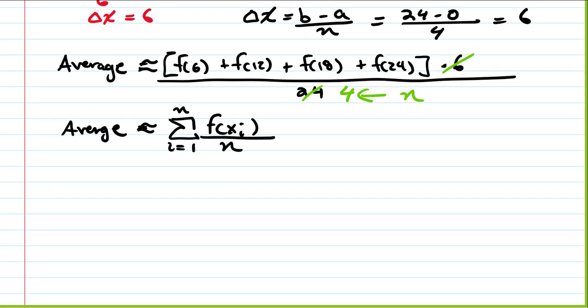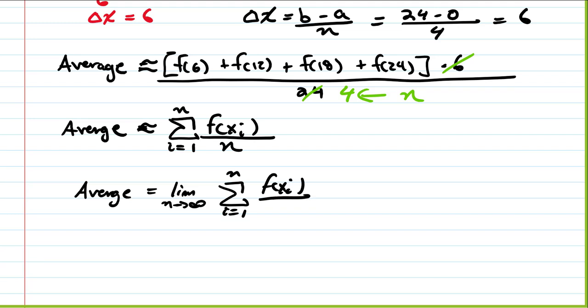And if we take the limit as the number of approximating rectangles goes to infinity, so the limit as n goes to infinity of the sum as i goes from 1 to n of f of x sub i over n, we want to realize this in terms of an integral. But we don't quite have that here. So that's where our delta x is going to come in handy.